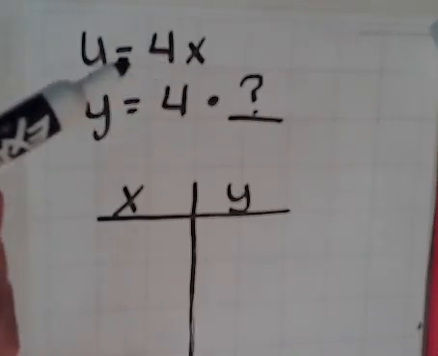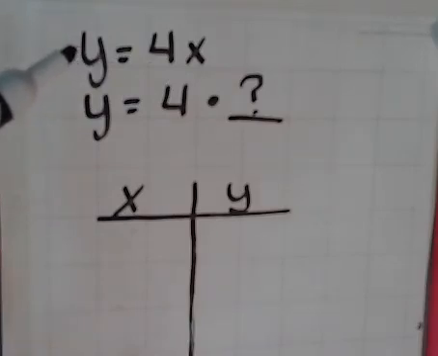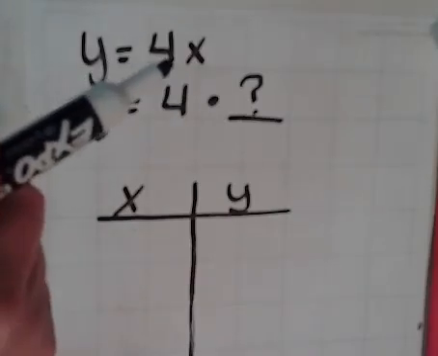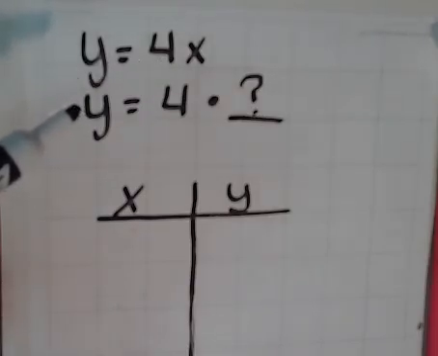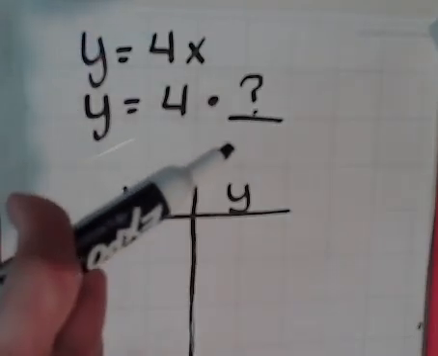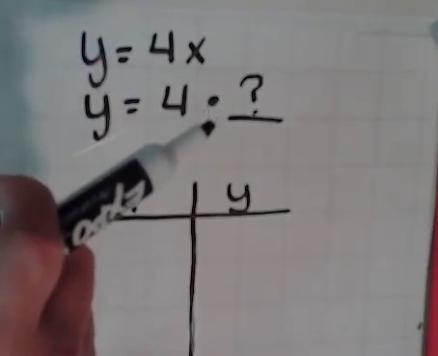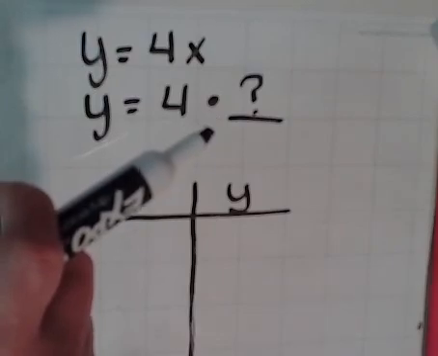And so in this scenario, my cost is dependent on the number of ice cream cones that I buy. So I won't know what the y value is until I know how many ice cream cones I'm buying.